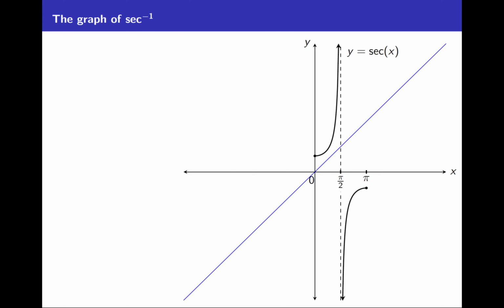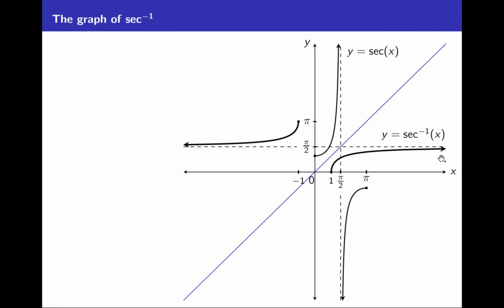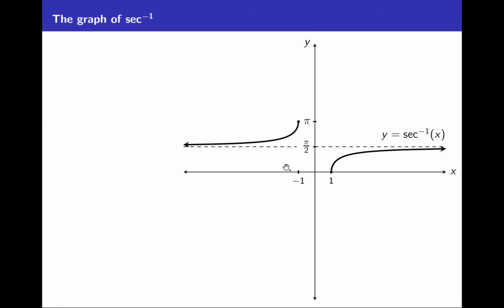So doing so, you'll notice that this vertical asymptote is going to reflect across and become a horizontal asymptote. And here we go. Drawn in bold here is the reflected graph secant inverse of x, with the horizontal asymptote at y equals pi over 2. And let me just erase everything else. So here is our graph of secant inverse of x.